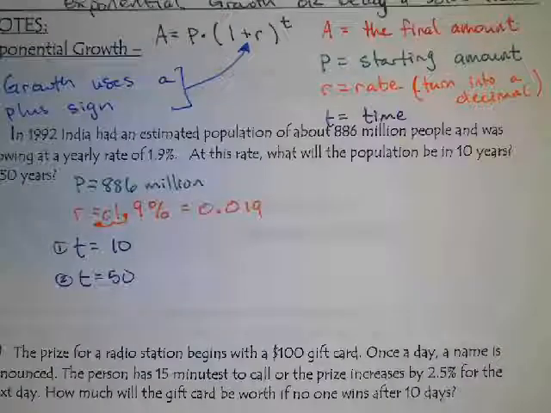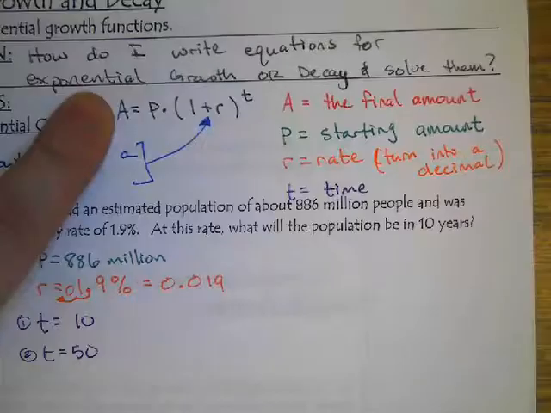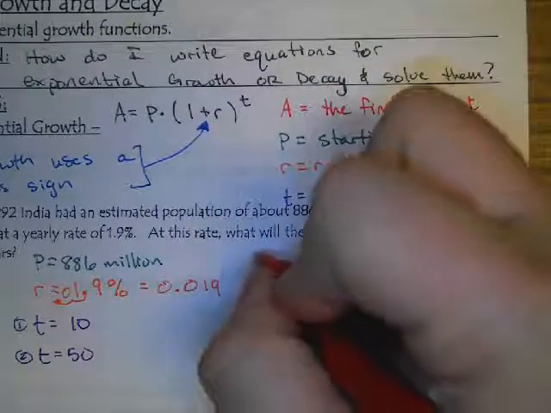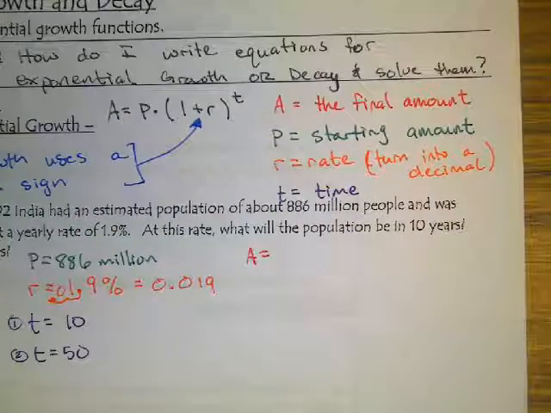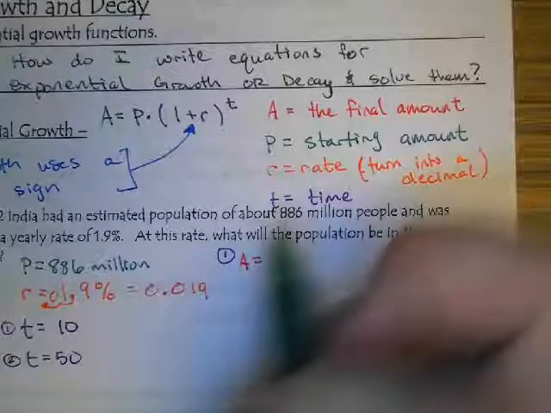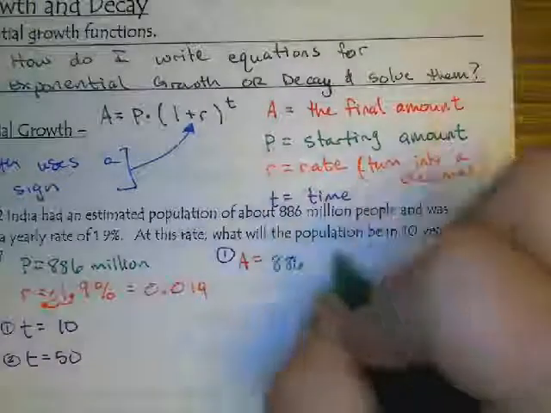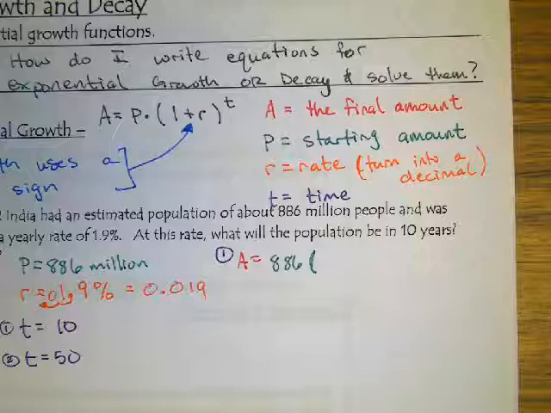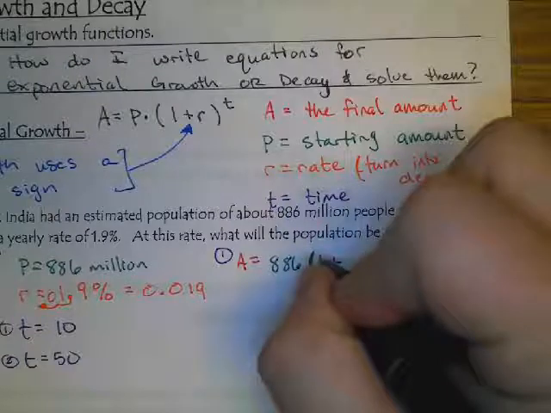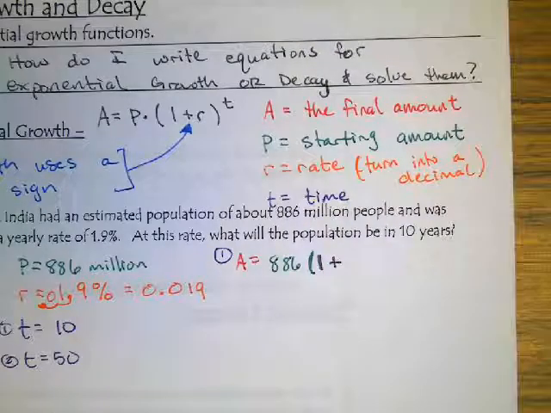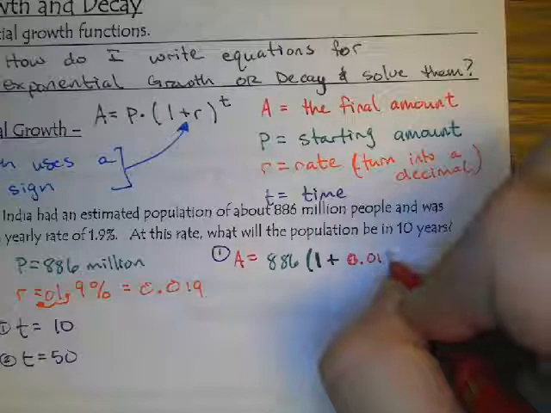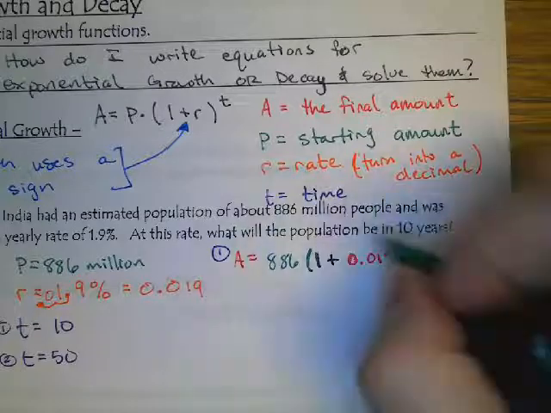Now we just plug these values into our equation. So we'll say that for number 1, A is equal to our principal, our starting amount, 886, times, I don't have to write the times because I'm just providing my parentheses, 1 plus, it's increasing, so I'm using a plus, R, my 0.019, close my parentheses.